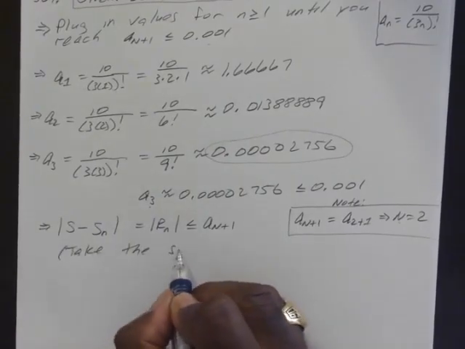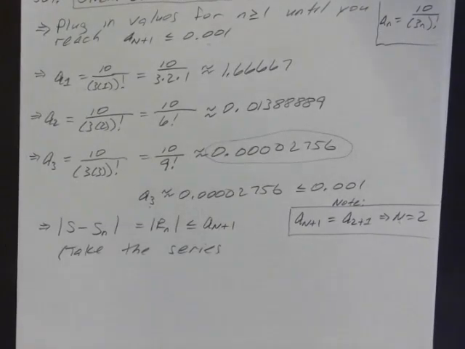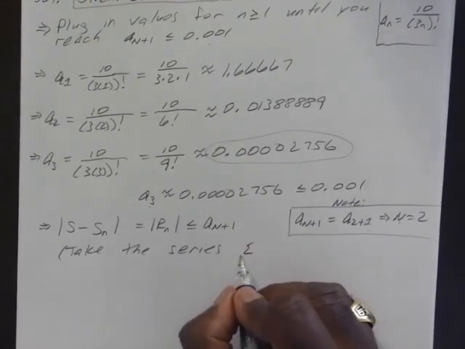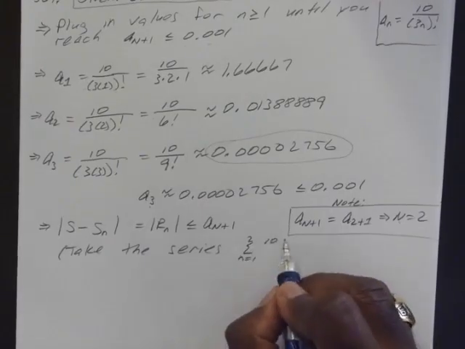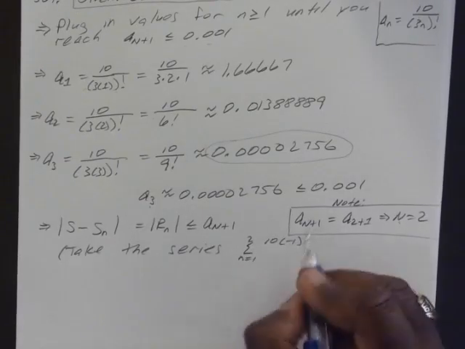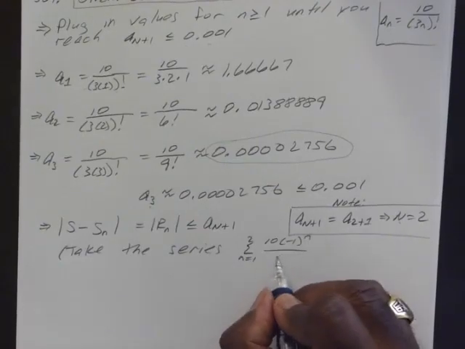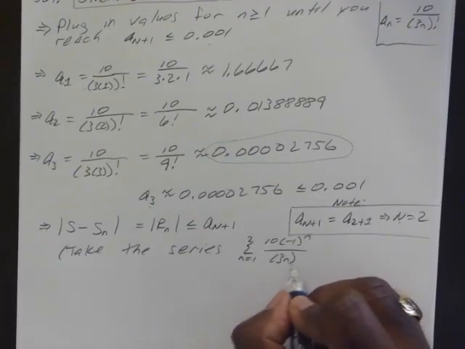So that means we have to take our series to 2. So you have the sum from n equals 1 to 2 of 10 times negative 1 to the power of n divided by 3n factorial.